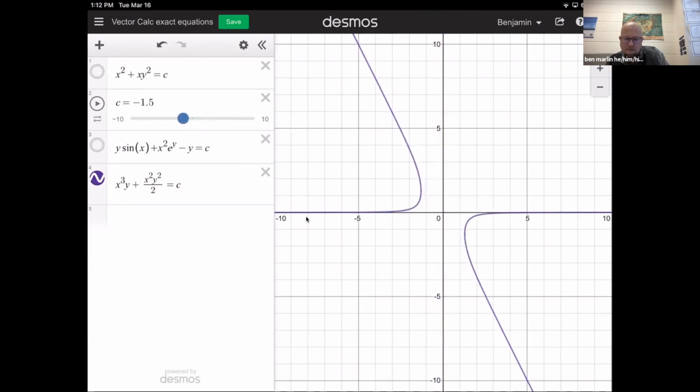Now, as we get negative C values here, notice that your solution is separating out. It's kind of defining some kind of a hyperbola, right? But if you take a look at what's happening, it's most prominent when it gets down close here. You would have different branches of solutions.